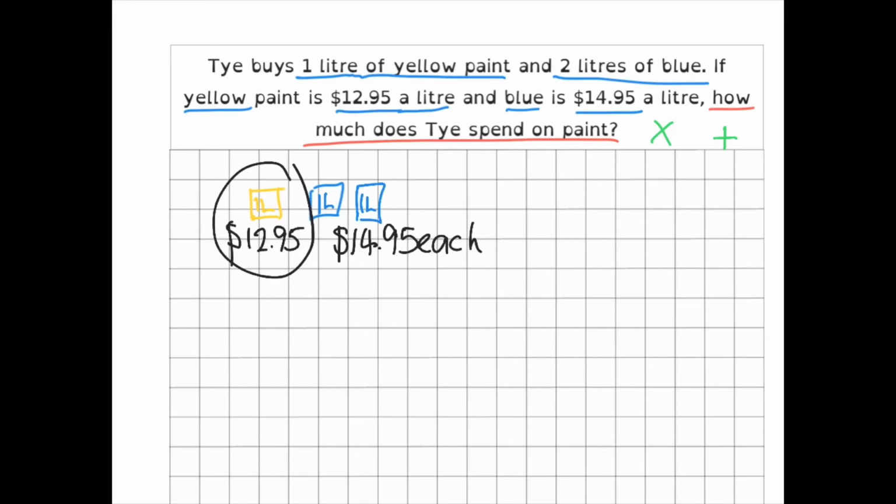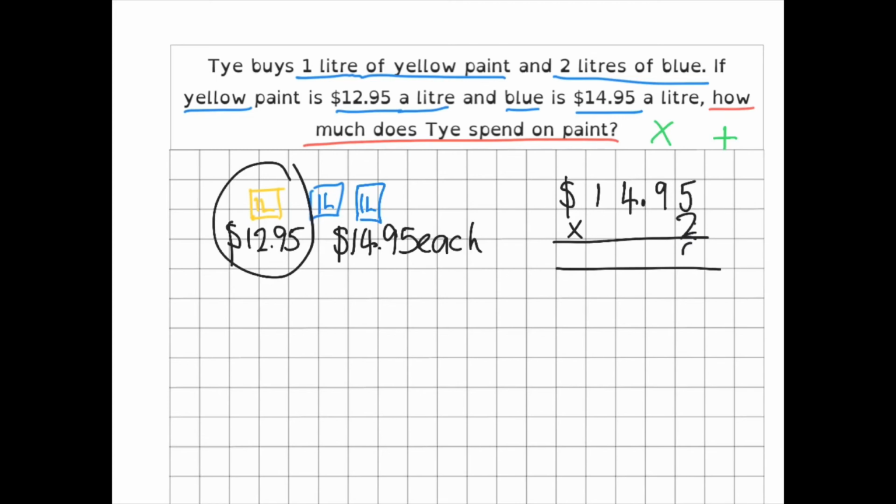All right, so hopefully you've already solved that problem and you're just going to watch me finish it off. So we've got $14.95 times 2 because he had 2 litres costing that much each for the blue paint.